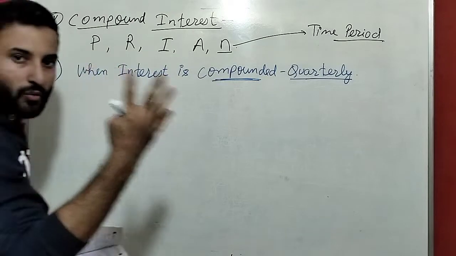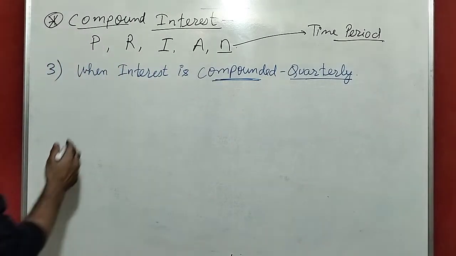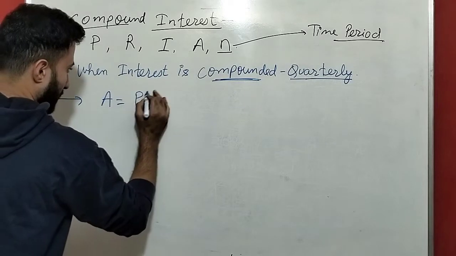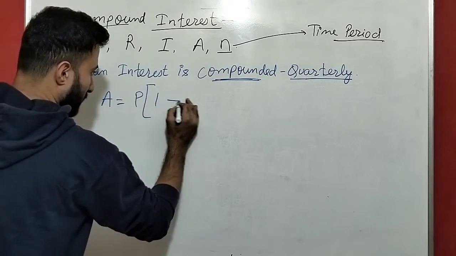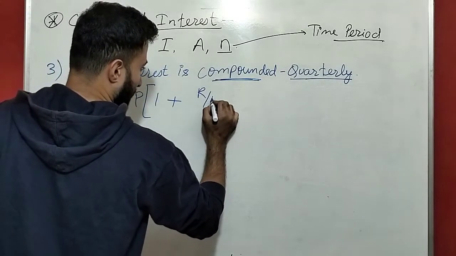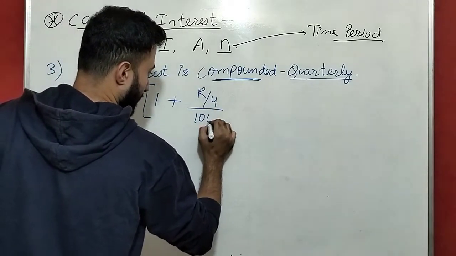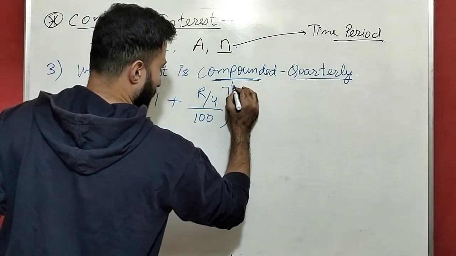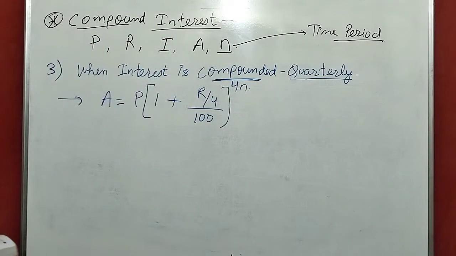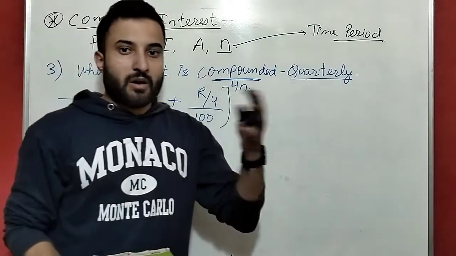Quarterly means 4 times. So amount equals principal into 1 plus r by 4 divided by 100, power 4n.